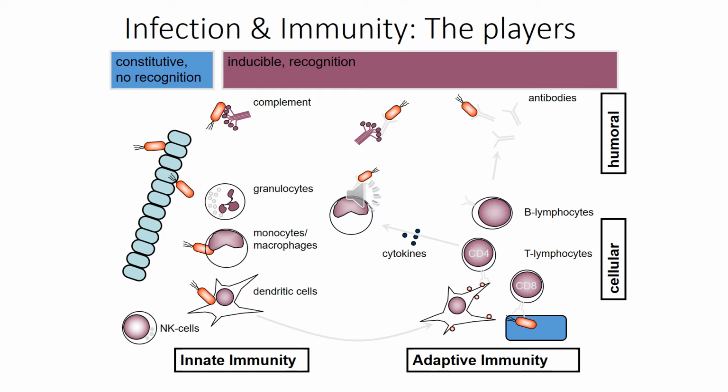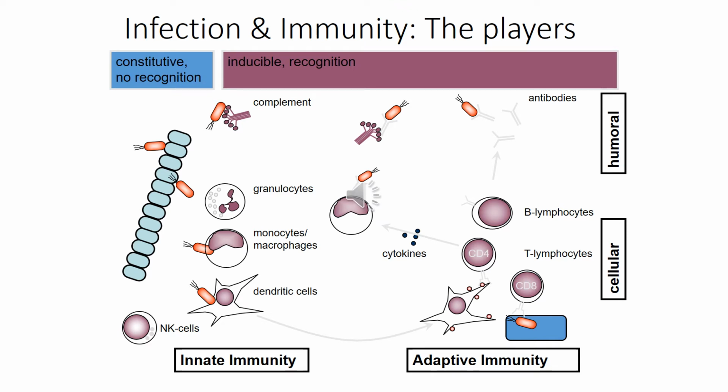So the CD4 is here in the picture, in between the DC and the B lymphocytes. The B lymphocyte will create the antibodies, and once there are antibodies around, the macrophages and monocytes can then more easily take up the bacteria. And this is the last picture in the middle.